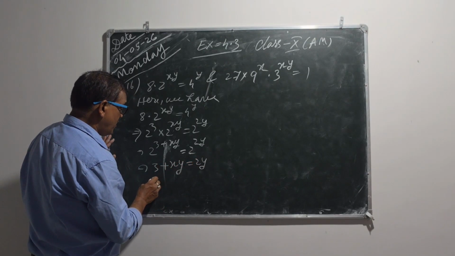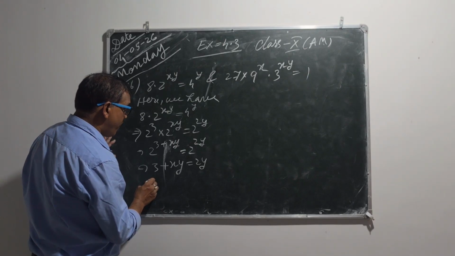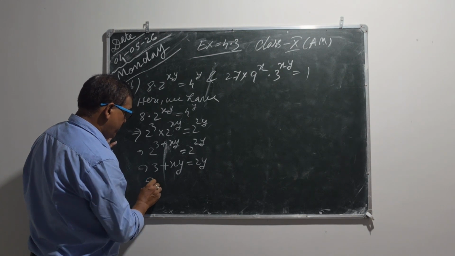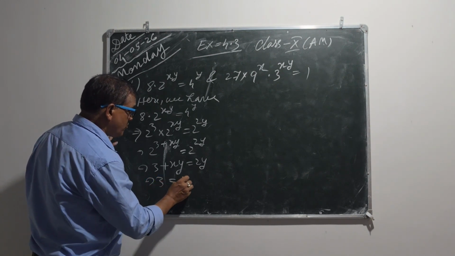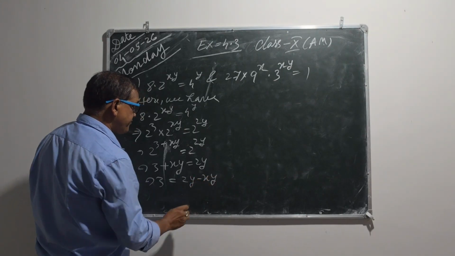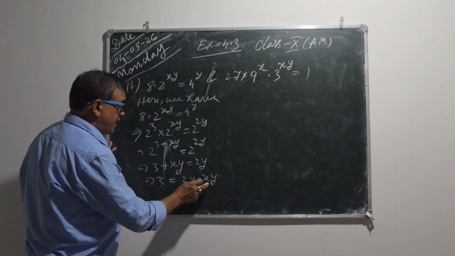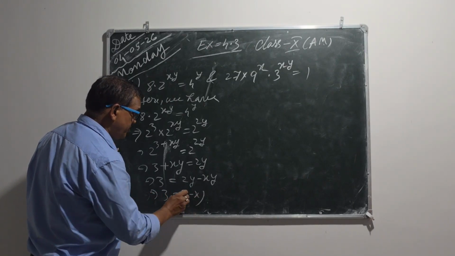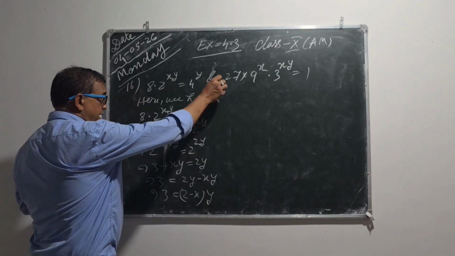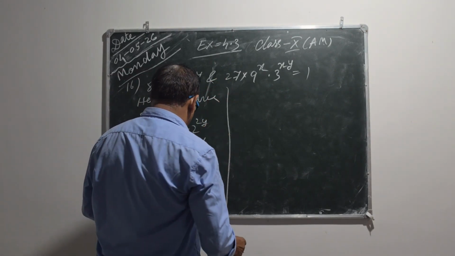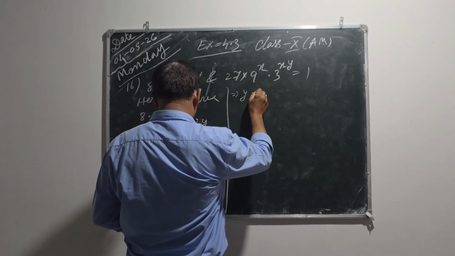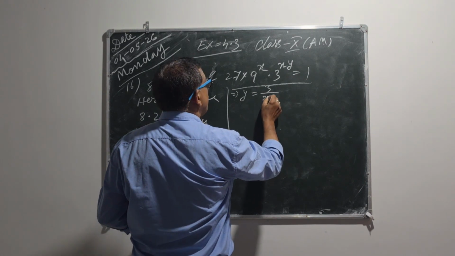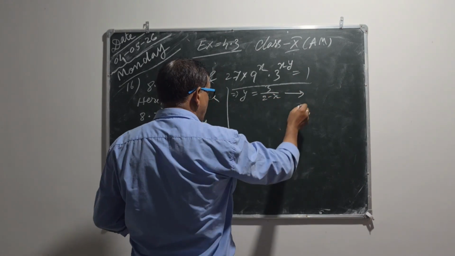That is 3 equal to twice y minus xy. From these two, if we take y common, then 3 equal to y into 2 minus x. That means finally y equal to 3 divided by 2 minus x. This one is set.